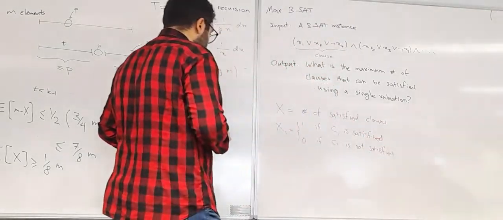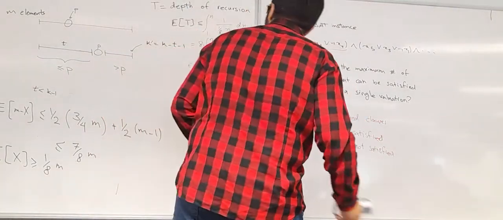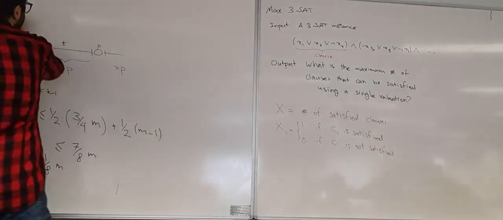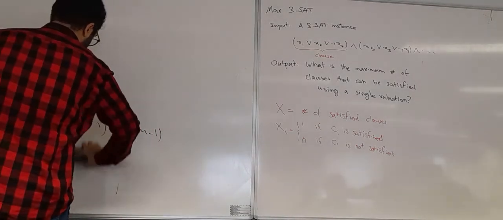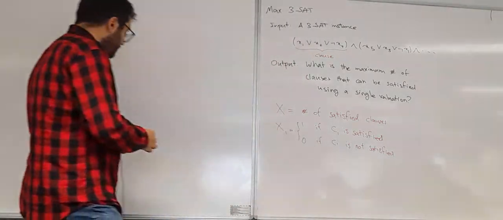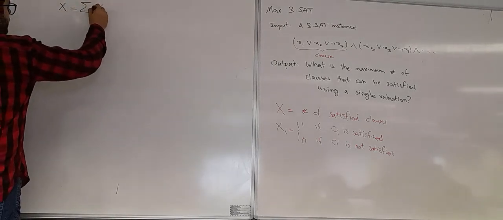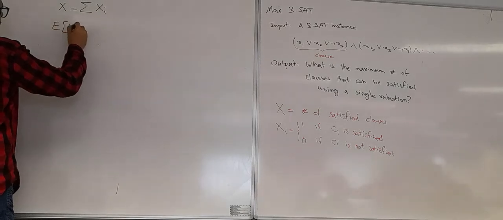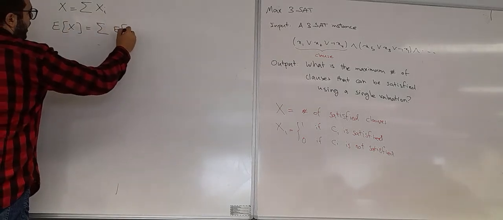Then I can just say that x is the sum of the xi's. So I can use linearity of expectation. The expected value of x is also the sum of the expected values of the xi's.